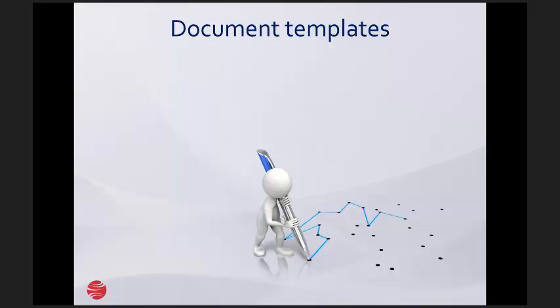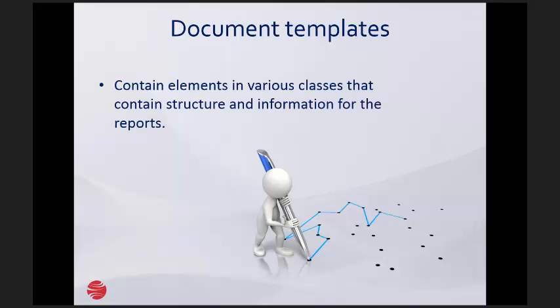We've packaged two templates with CORE, one for DODAF use and another for all the other formal documents. When you're ready to start working on documents, one of the first things you'll want to do is to import the appropriate template. These contain elements in various classes that build the structure for each document.